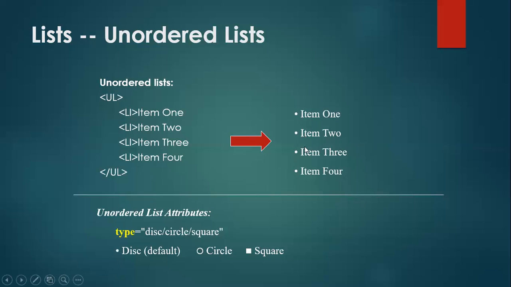The other options are circle and square. So we can create list items with disk, circle, and square. By default, the type of the unordered list is disk.